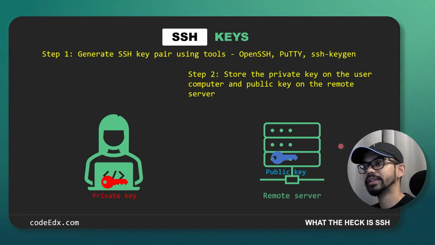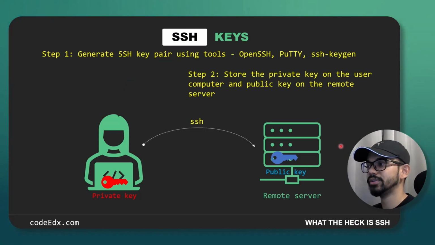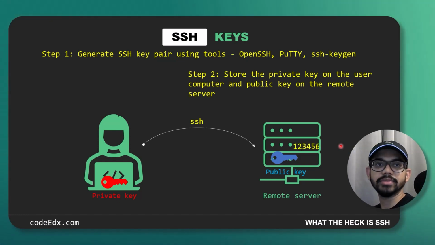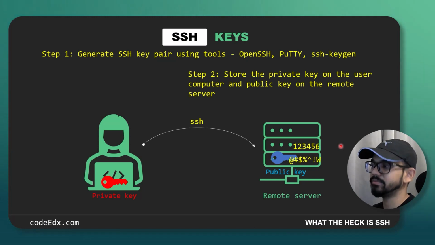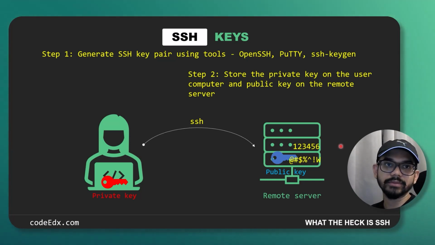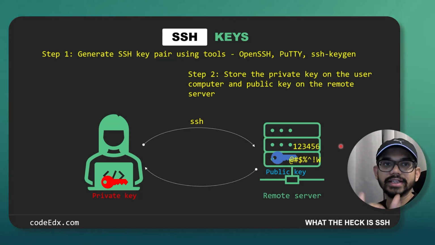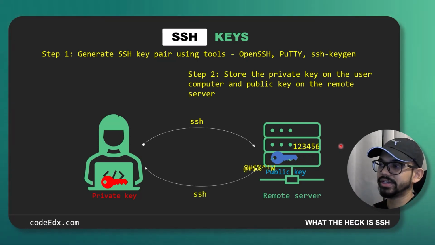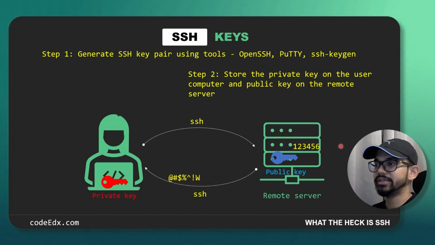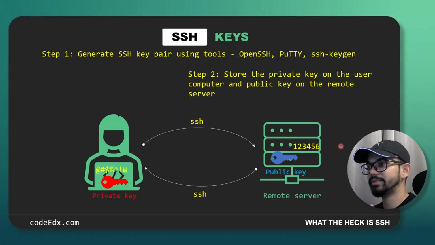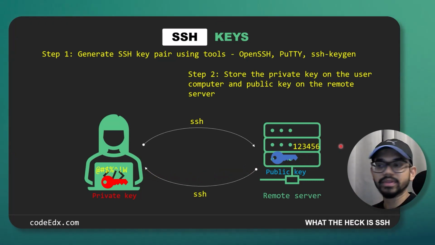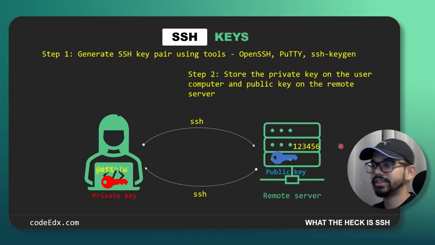When the client tries to SSH onto a remote server, the remote server generates a random number and encrypts that random number with the help of the public key, right? This encrypted number is then shared with the client. The client gets this encrypted number, and with the help of the private key, the client decrypts this number.